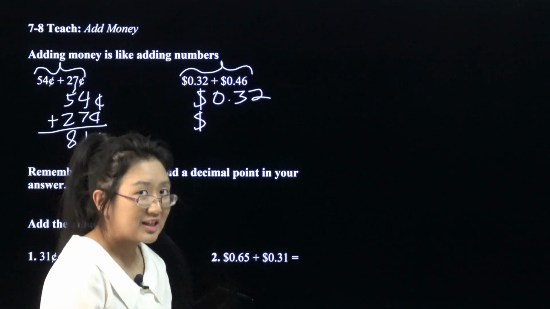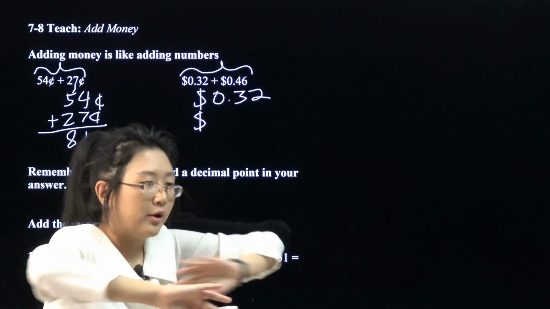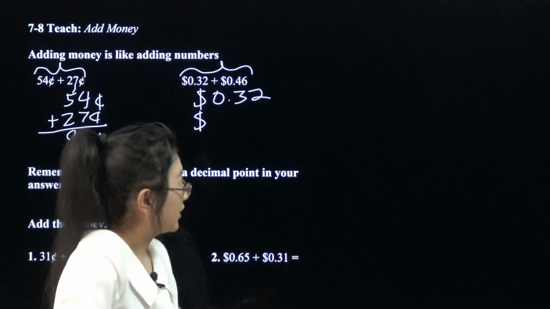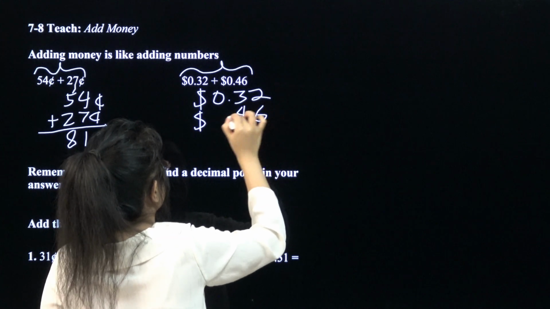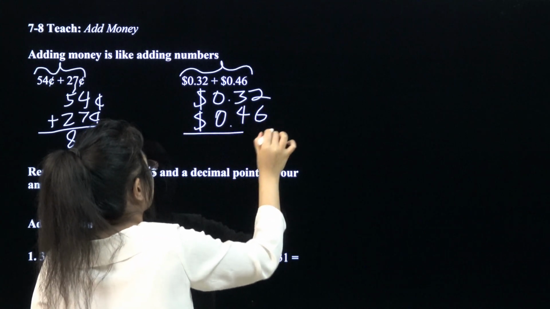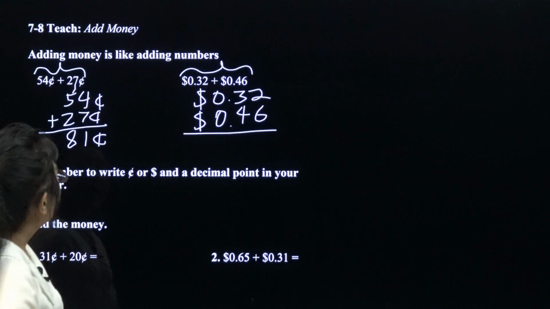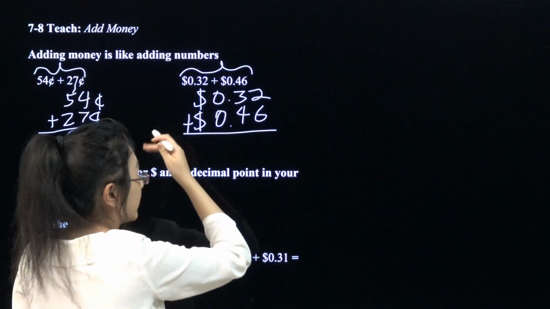But you line up the decimal point specifically. Don't mind any of the other numbers. Just the decimal point. Because if you line up any other numbers, you might end up with your place values not lining up correctly. And then you just start from the right and move to the left.